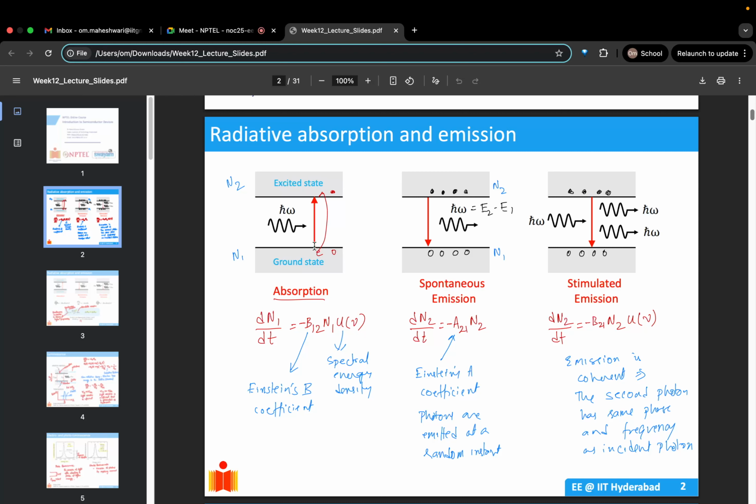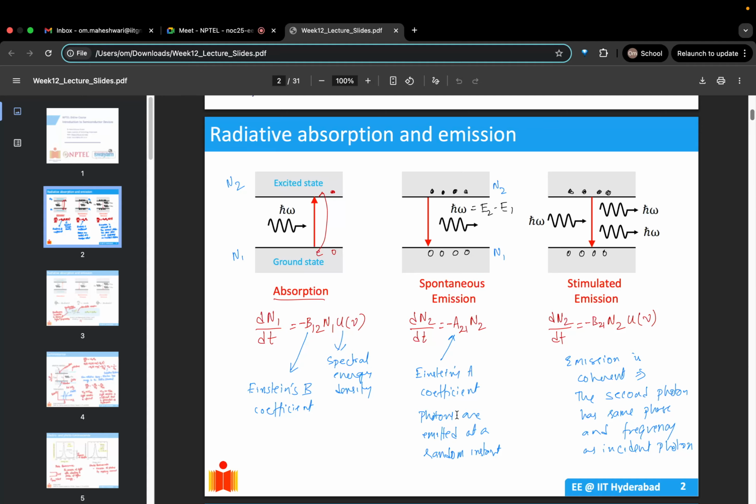In radiative absorption, light energy is absorbed by the electrons in the valence band, which gain energy from the photons to go to the excited state in the conduction band. This is absorption, and then these excited electrons can come back down to the valence band. If they emit energy in the form of light, it is called emission.